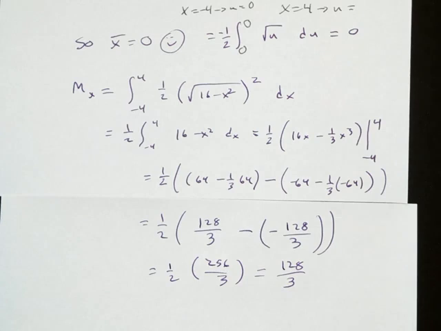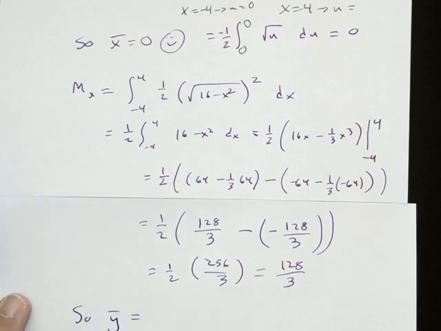That's not y bar. How do I get y bar from the moment? I put it over the mass. 128 over 3 over 8 pi.